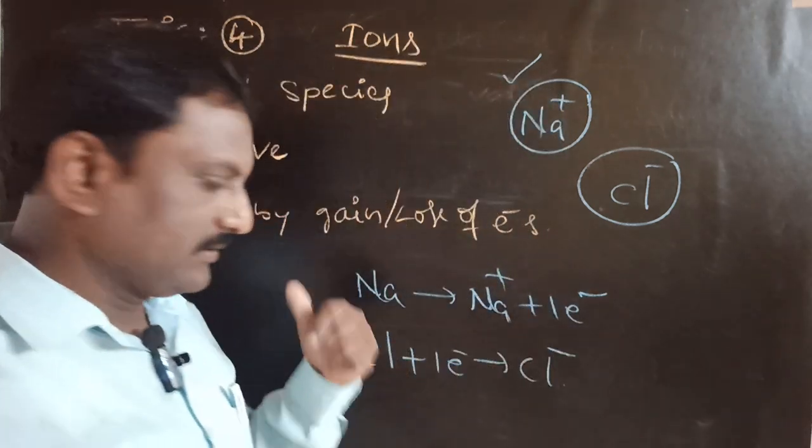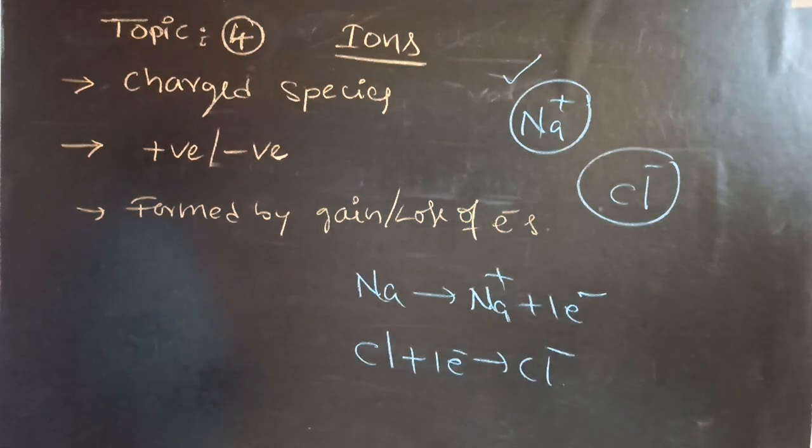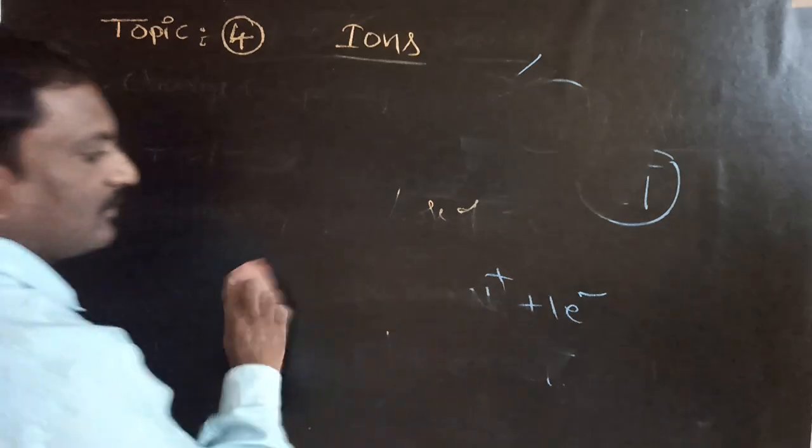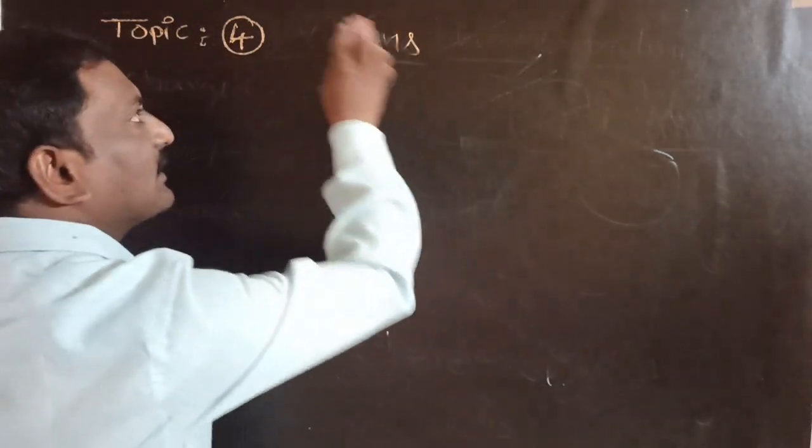Is it clear? Right. Now, types of ions. How many types of ions are there, or on what basis are ions classified? Make a note of it.